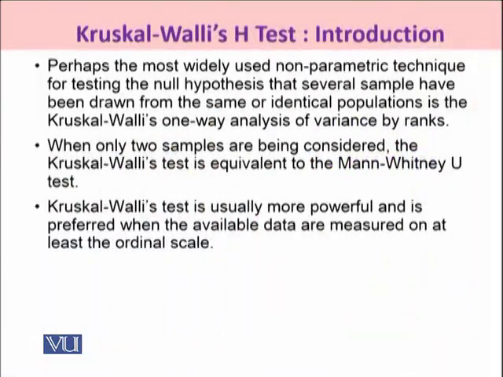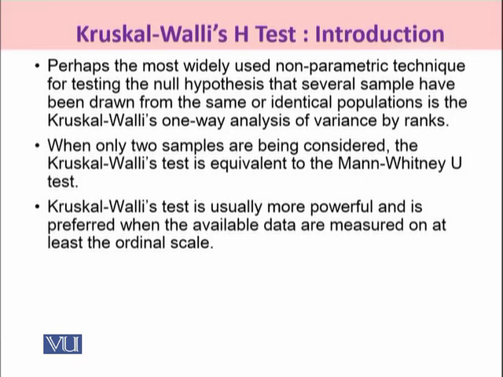It is perhaps the most common and widely used test to compare several samples that are taken independently or from identical populations. Basically, the Kruskal Wallis H test is also known as the Kruskal Wallis one-way ANOVA, which makes use of ranks.